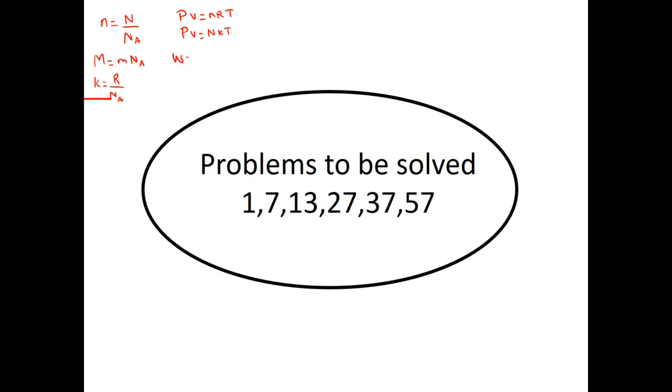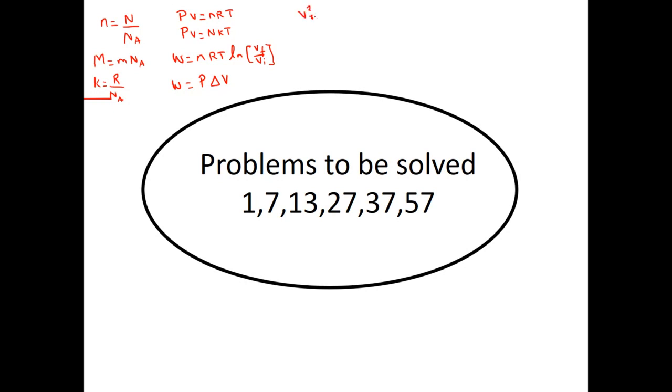Work done equals nRT natural log of final volume over initial volume. Am I right? What is the formula for constant pressure? Work done equals P multiplied by delta V. Am I right?